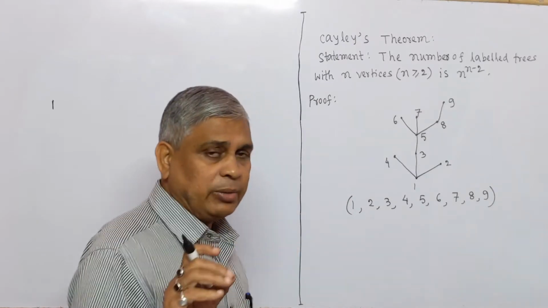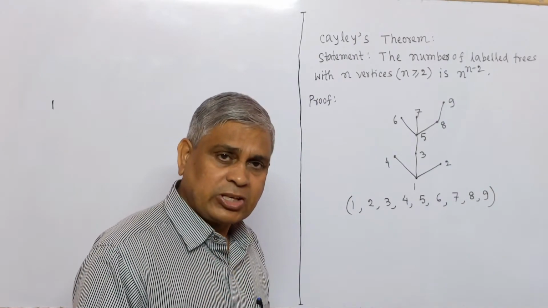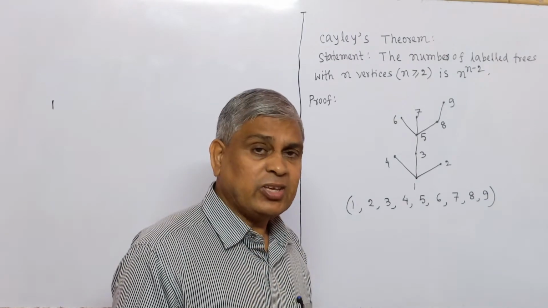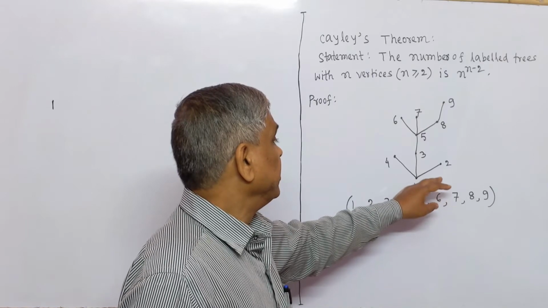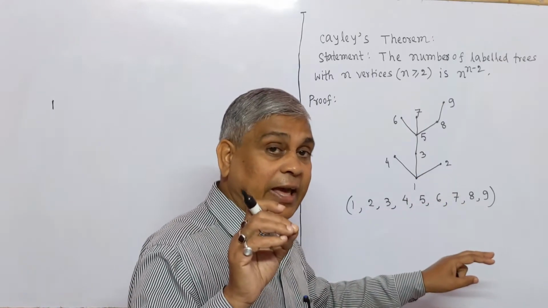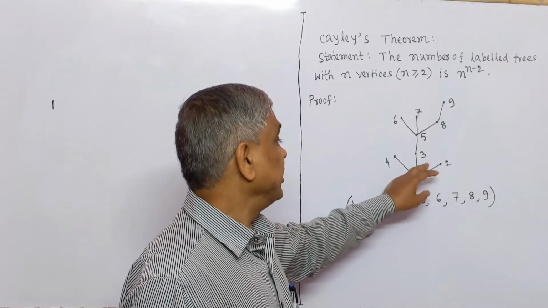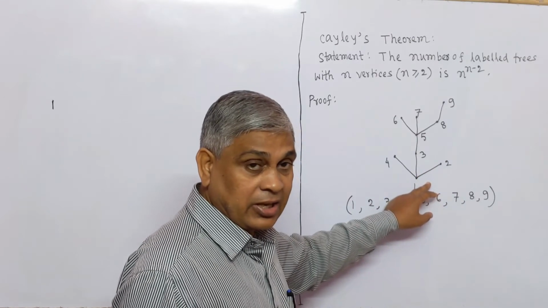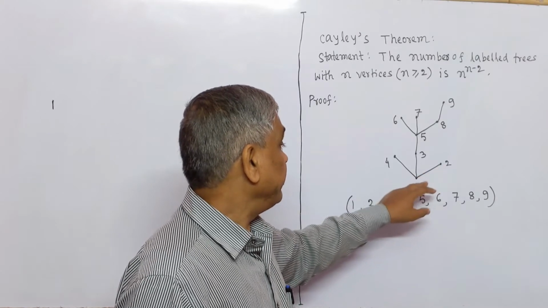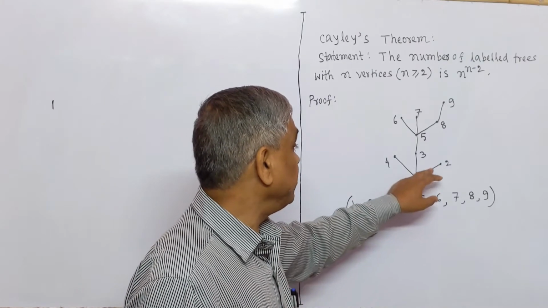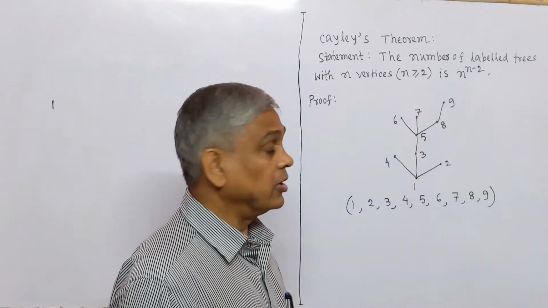Now, by some rule, we prepare a sequence. For this, we remove the smallest label pendant vertex with its edge, and we write the vertex which is adjacent to that smallest label pendant vertex.